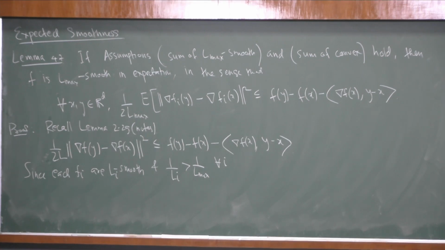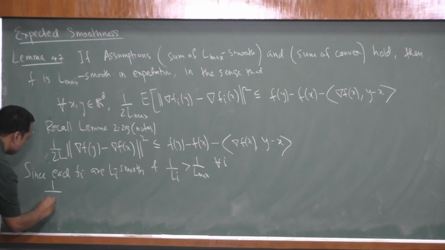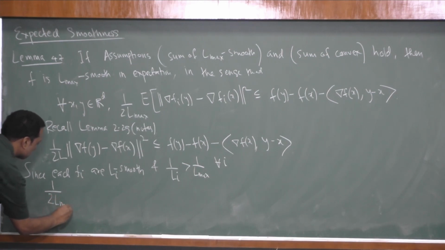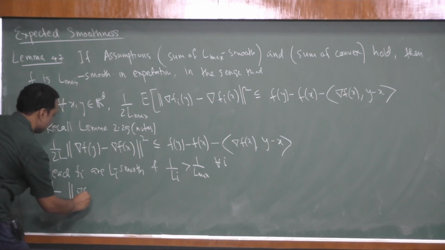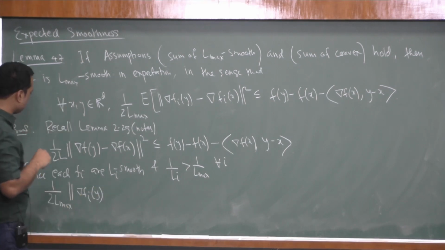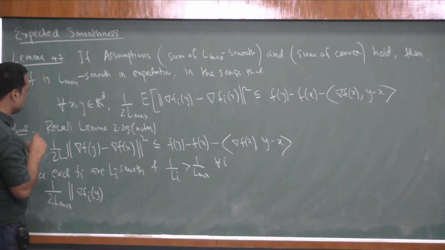So with this, now I will write down. Then I will have 1 by 2 L max grad Fi. L max applies with F, right? But it can also apply with Fi, that's fine. And we are supposed to bring in expectation also, so I will need a sum also, right?